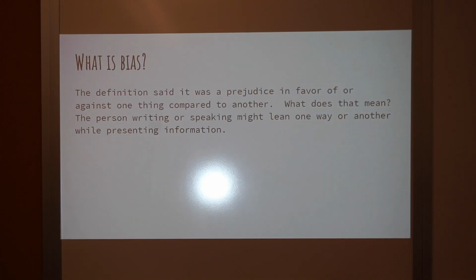Okay, let's talk a little bit about what is bias. The definition said it was a prejudice in favor of or against one thing compared to another. What does that mean? The person writing or speaking might lean one way or another while presenting information.